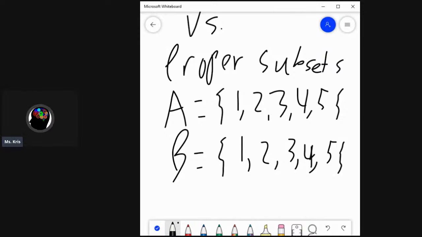Not only are A and B considered equal sets, but this is considered a subset. Set A is a subset of B, and is usually denoted as A, subset symbol, which is a sideways U with a line under it.